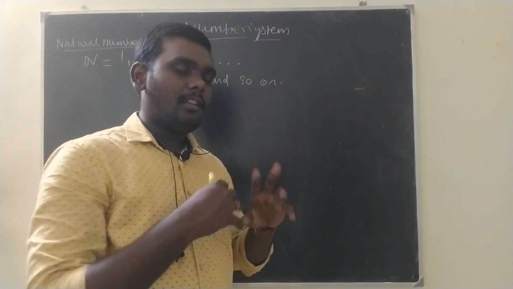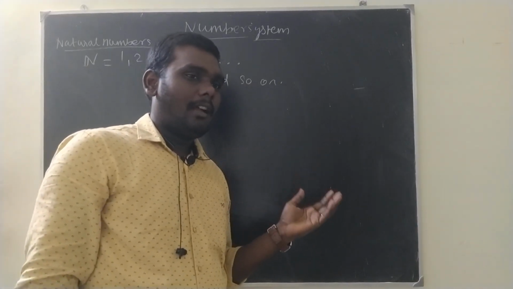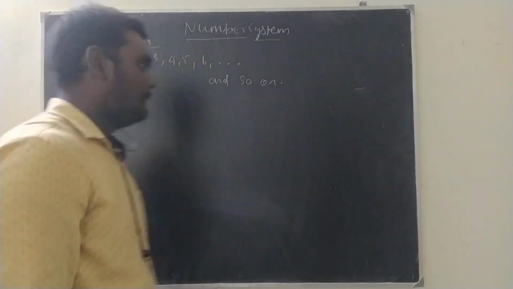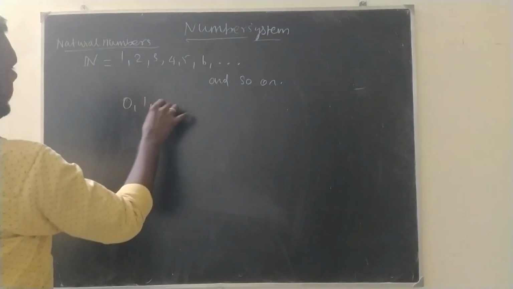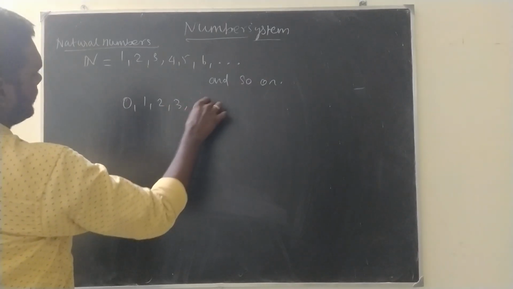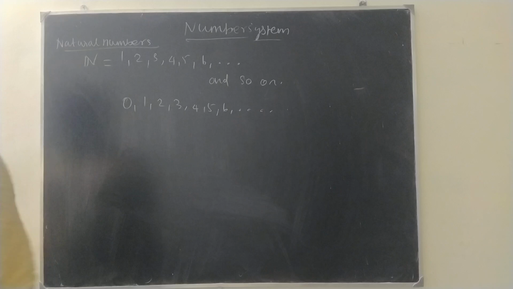Also, after the discovery of the number 0, that was added to these counting numbers. So the total available numbers have become 0, 1, 2, 3, 4, 5, 6, and so on. It goes on.